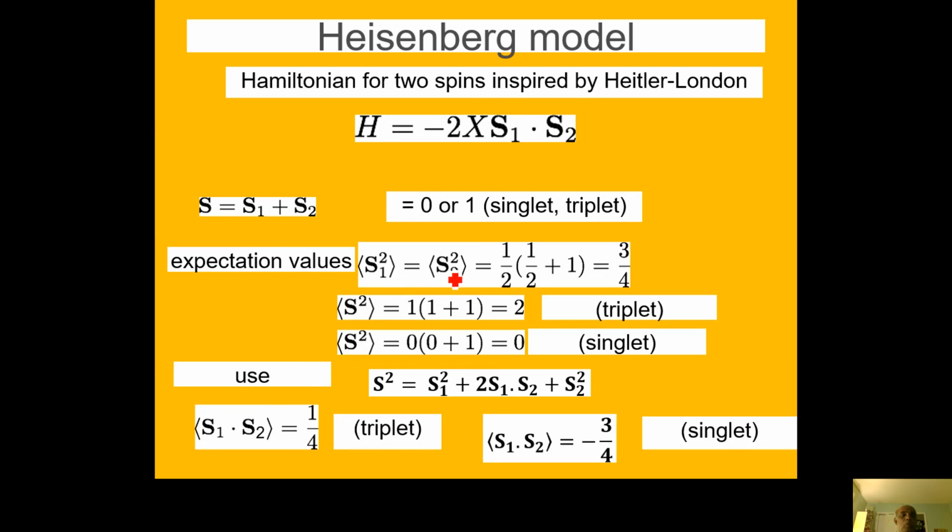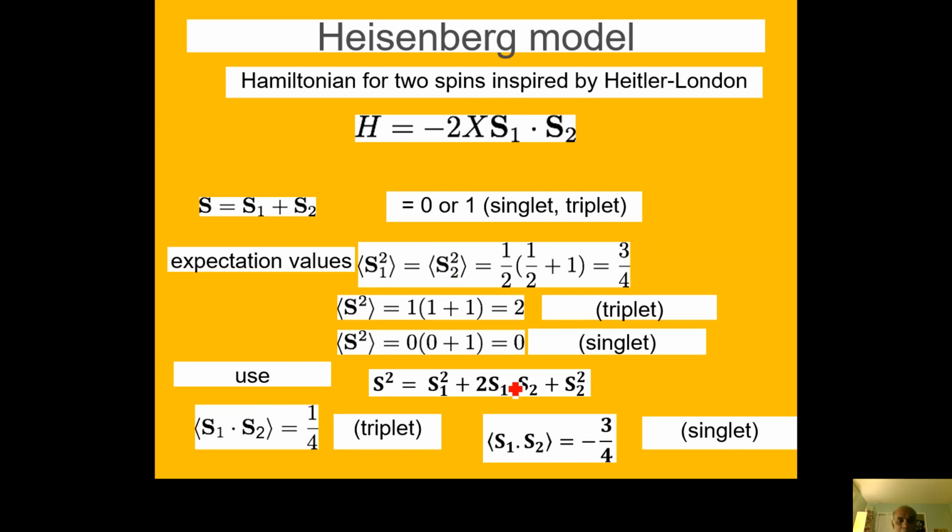If you remember, S squared is given by S times S plus 1, so that's the eigenvalue of your S squared. Remember, Sz has m times h-bar, but S squared has S times S plus 1. So S is half, then S plus 1 gives 3 over 4. That is for both S1 squared and S2 squared.